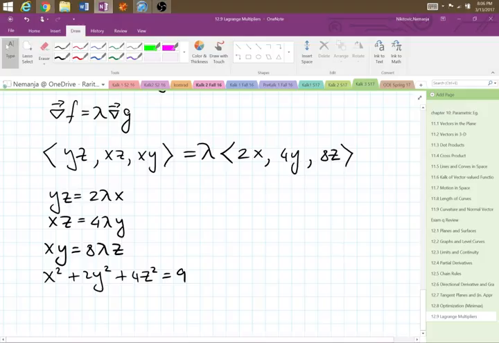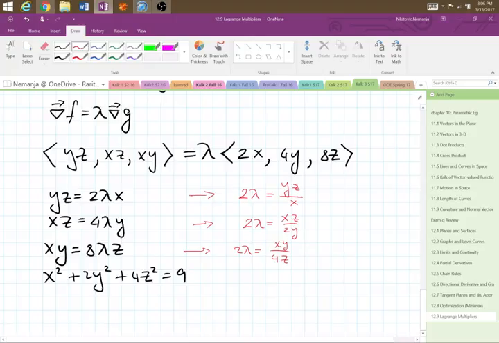I'm going to solve each equation for 2 lambda and plug in, see what happens. Again, it's a standard kind of trick. We might get lucky. YZ over x is 2 lambda, then 2 lambda is XZ over 2y, and then 2 lambda is XY over 4z.